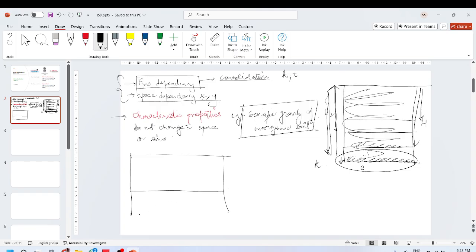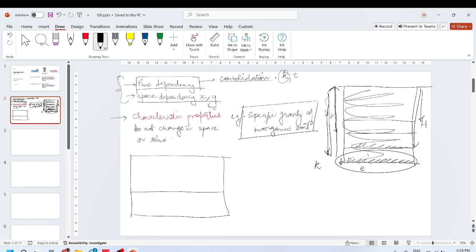For example, let me assume that permeability is not changing with time. I'm saying that the property is dependent on the permeability. So what depends on time is the hydraulic head. Permeability does not depend on time here. The hydraulic head depends on time.